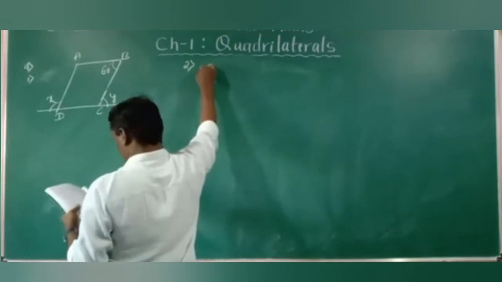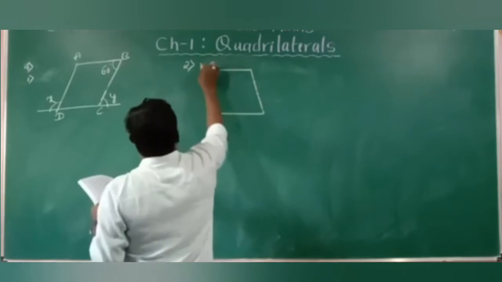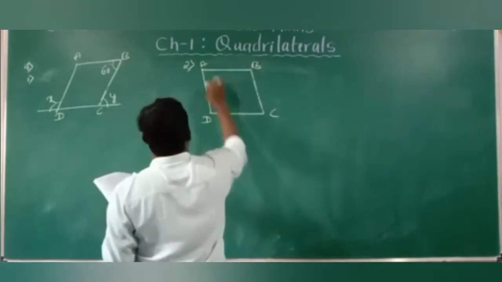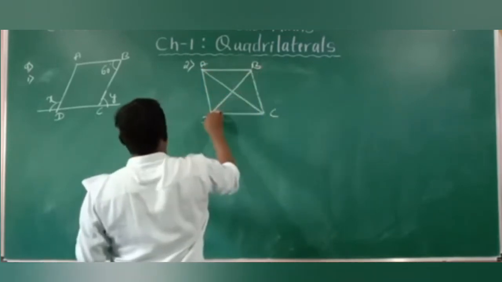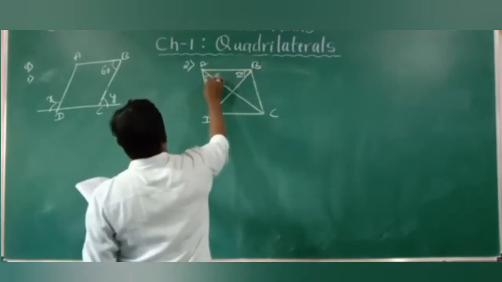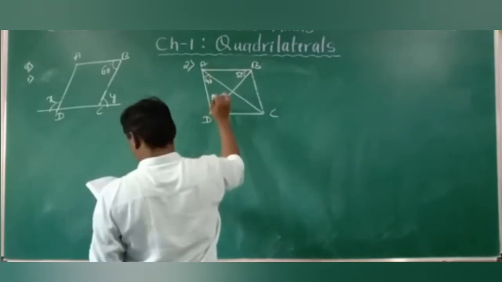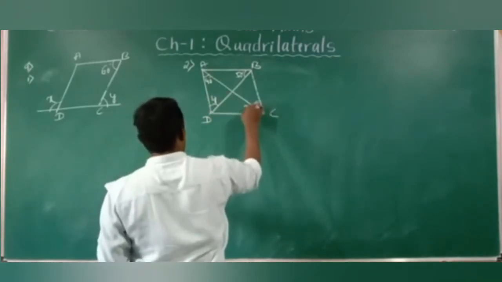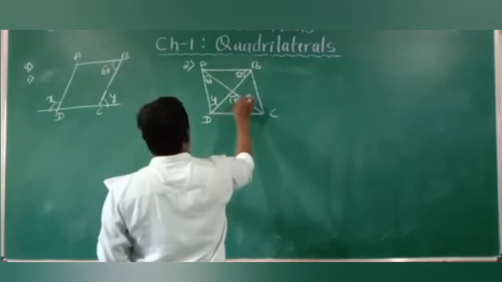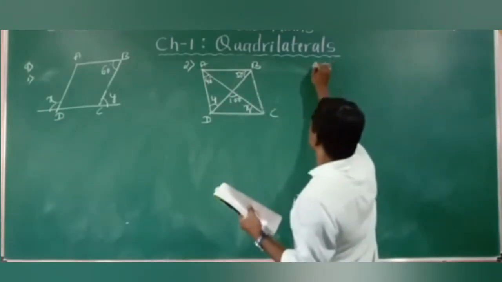Second one. Again ABCD is a parallelogram. This angle is 50 degree. This angle is 40 degree. And this is y, and this one becomes x. So this angle is 100 degree, right? Next, third question.